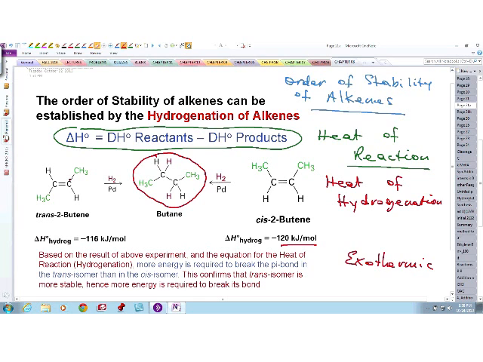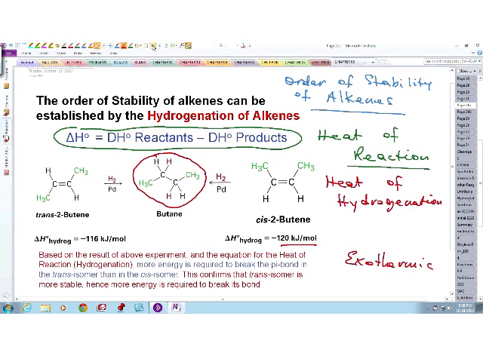So these are the kind of experiments we could perform in this case to determine the order of stability of different alkenes. So we could perform a whole series of experiments to actually establish the stability order for different alkenes. So in this case, we know that trans alkenes are more stable than the cis alkene.